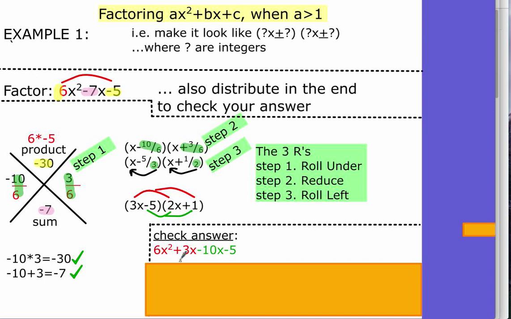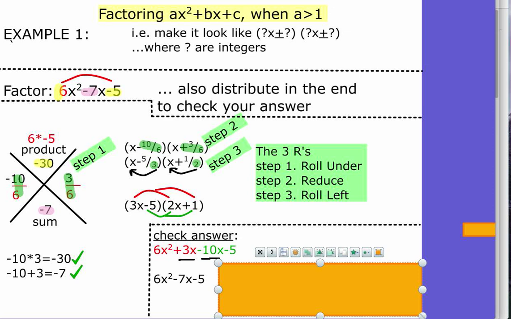We can combine like terms right here. 3x minus 10x gives us negative 7x right over here. As you can see now, this answer that we have matches the original problem. These two match. So we know that we got the right answer in factoring right over here. We know we factored the correct way because after doing a double-double distribution, this matches the original problem.